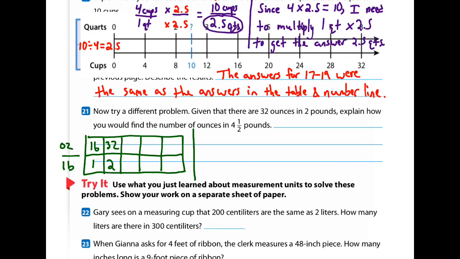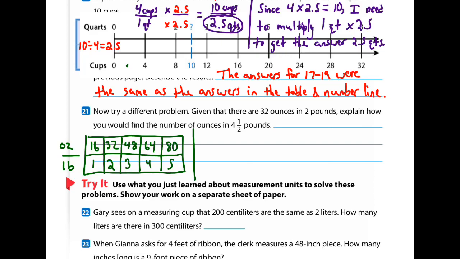Now, different things I could do. I could use the halfway point. Remember this trick? 1, 2, 3, 4, 5, and 16, 32, 48, 64, 80.